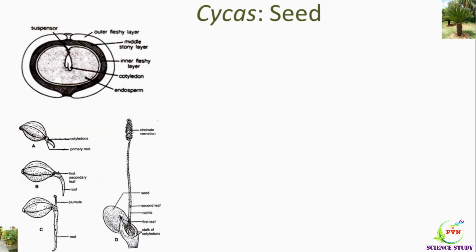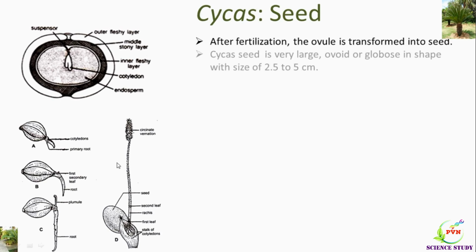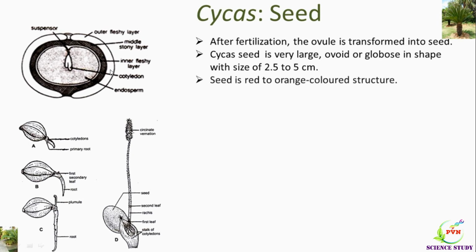Now we will study the Cycas seed. This is the diagram which shows the internal structure of the Cycas seed, and this is the diagram which shows the germination of the seed. After fertilization, the ovule is transformed into a seed. The Cycas seed is very large, ovoid in shape, with a size of nearly 2.5 to 5 cm.